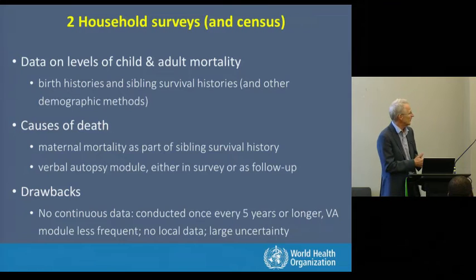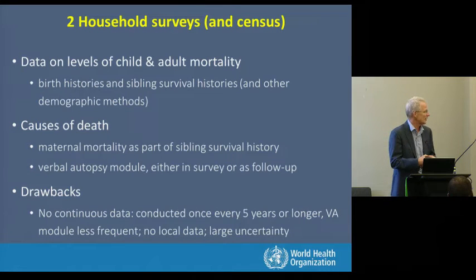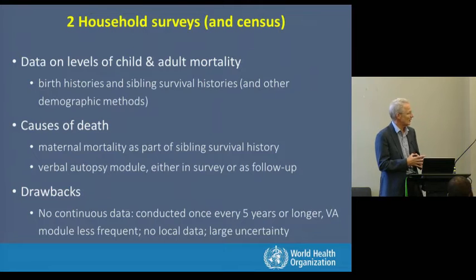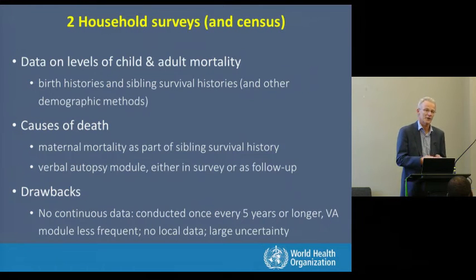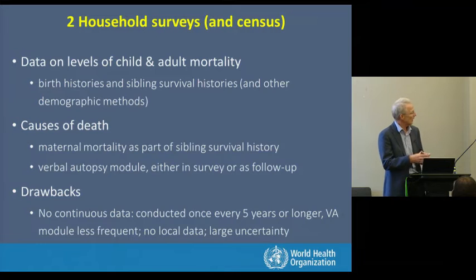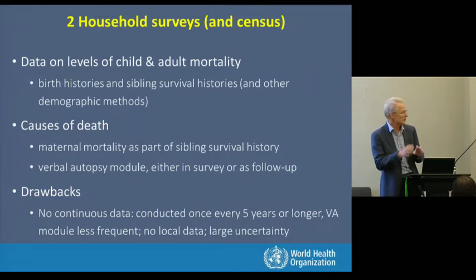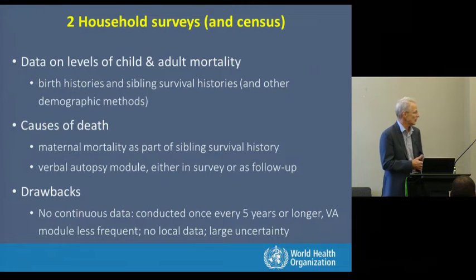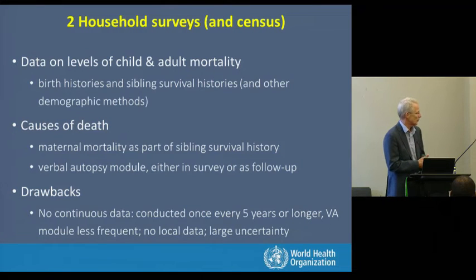Causes of death, maternal mortality has really taken off through the demographic and health surveys. And in fact, it was maternal mortality that got more adult mortality data collection through sibling survival histories and not the other way around. And this happened in the early 90s, but with considerable noise.